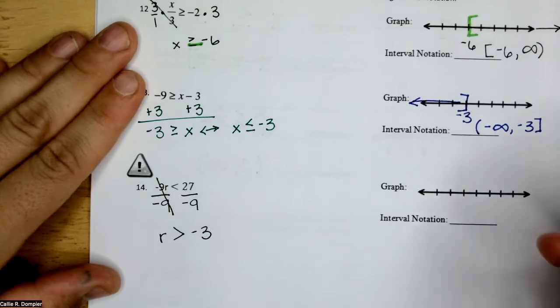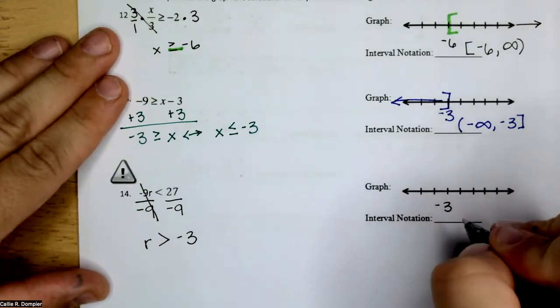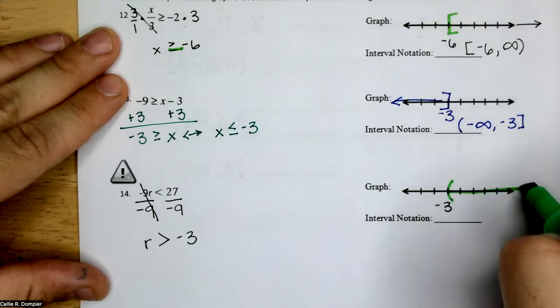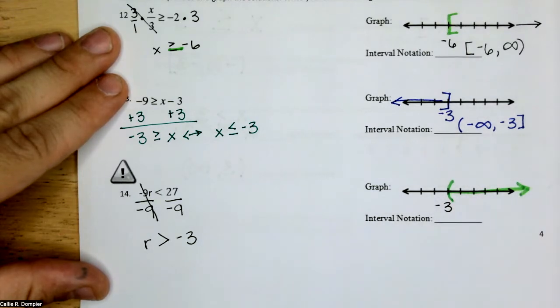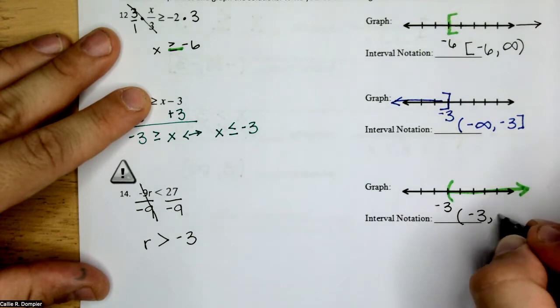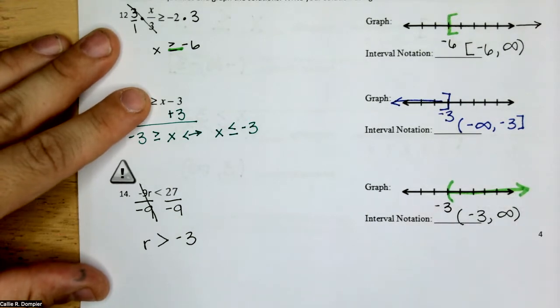Good. R is greater than -3. Here's -3. It does not include -3, so we have the parentheses. So that is parentheses -3 to infinity.